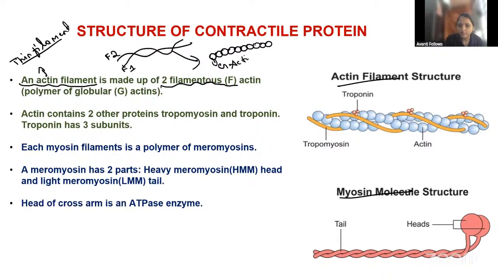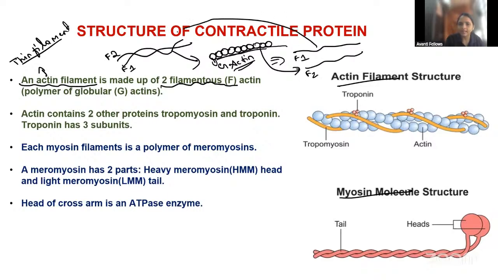By the polymerization of this G actin, this whole structure is formed: one F actin structure, and after that it will form another F actin structure. Then finally, it will look like this. The people from YouTube, you can answer me in the chat box, guys. Or if you have any questions, you can ask me in the chat box. See here, two F actin. This F actin is made by the globular actin. So this is the structure of the simple actin.